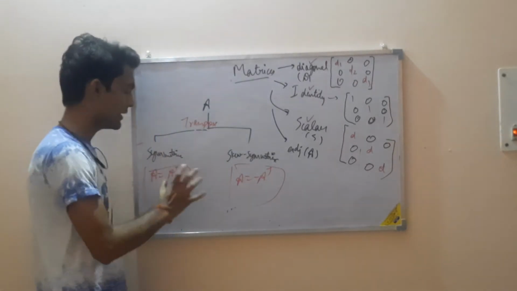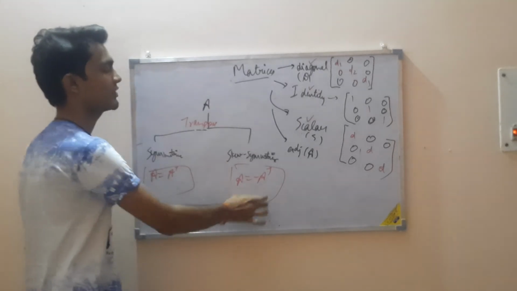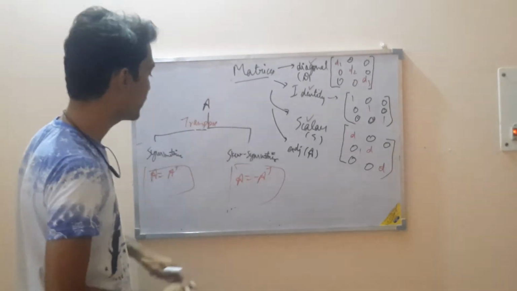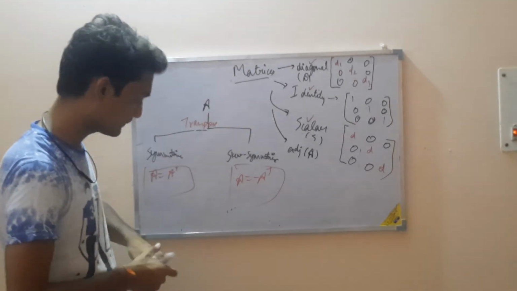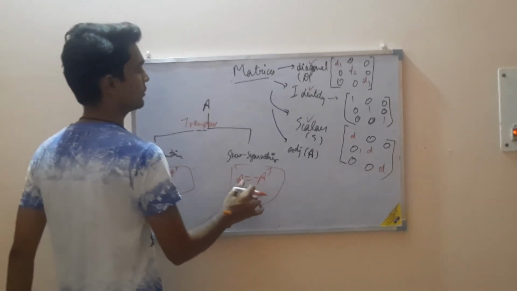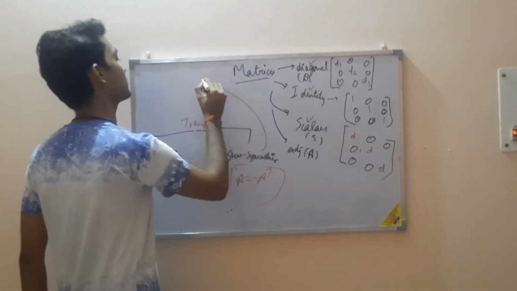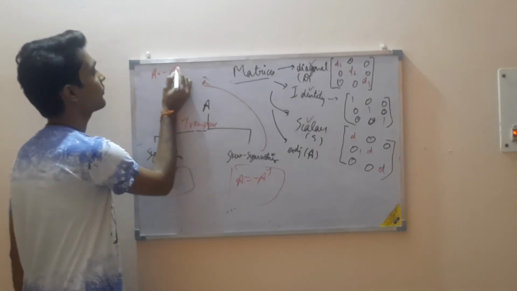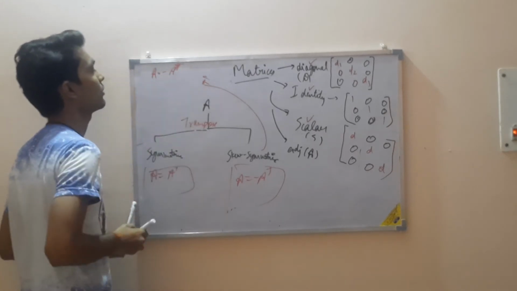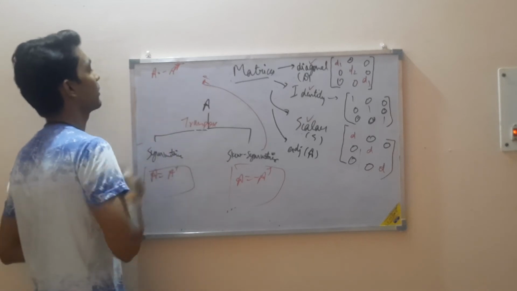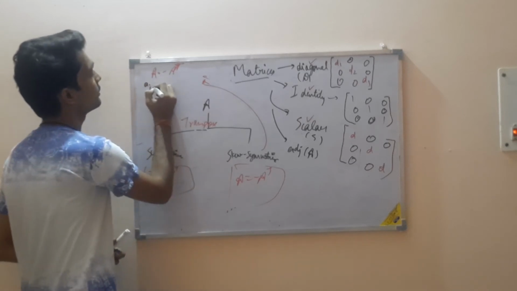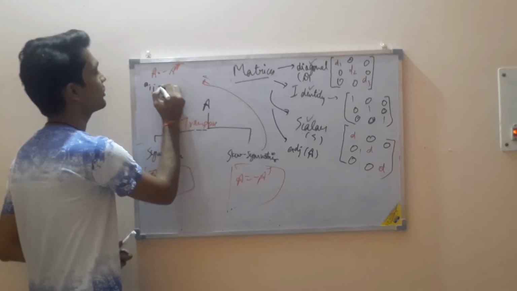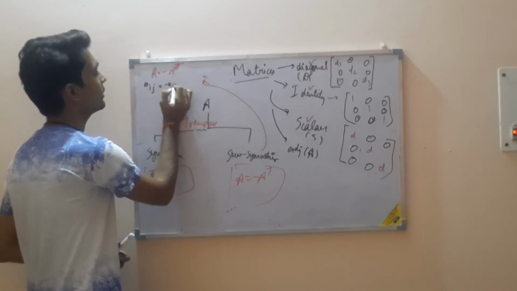So if A is equal to A transpose, it will be symmetric, otherwise skew symmetric. And we can derive one thing from here. As it is given A is equal to negative of A transpose, it means Aij is equal to negative of Aji.